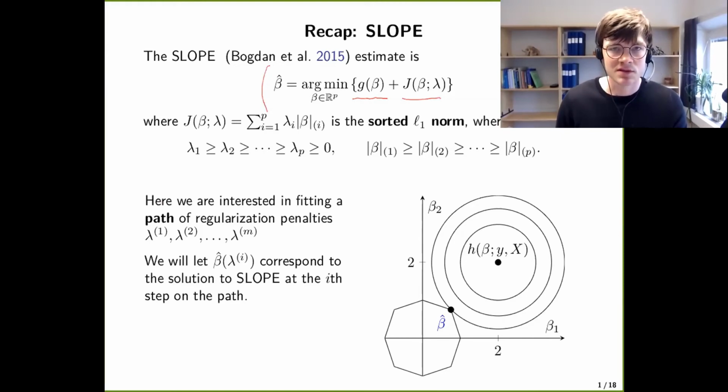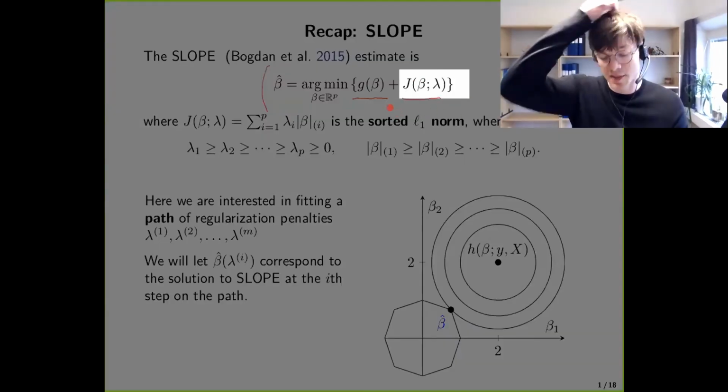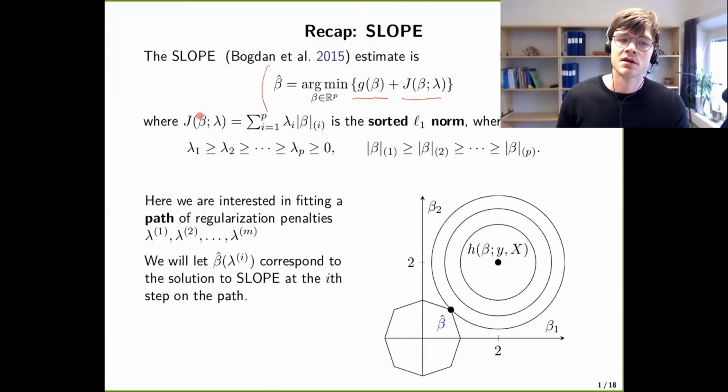The reason we do this is often that we want to cross-validate to tune our lambda. For many problems, we don't know how to select lambda, and that's why we're interested in fitting a regularization path.